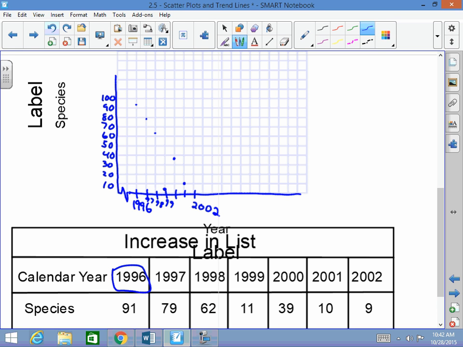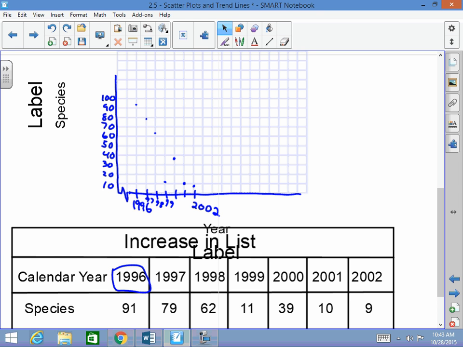And then in 2002, I had 9, which is about here. And I messed up. In 1999, it's 11. So 1999 would be about here. Okay. That's my scatter plot. What kind of a relationship do I have here?